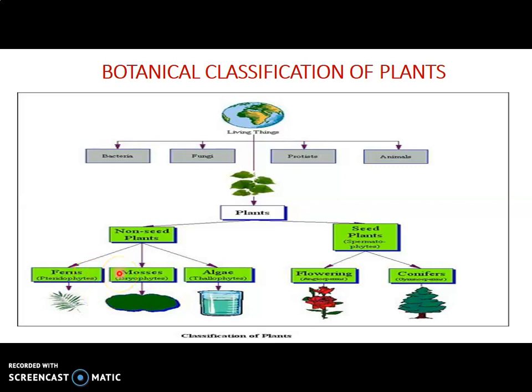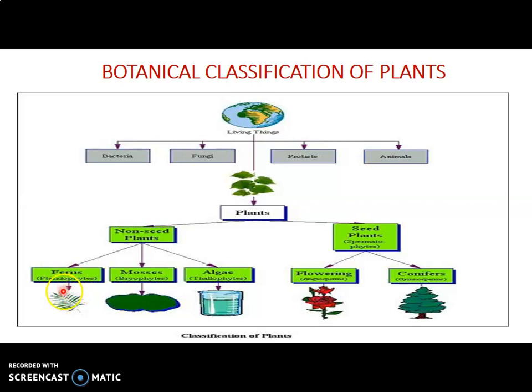In our next slide, we'll be looking at the life cycle of a moss plant as well as the life cycle of a fern plant. But before that, let's do the characteristics of a fern plant. The fern's body is differentiated into stem, leaves, and roots.